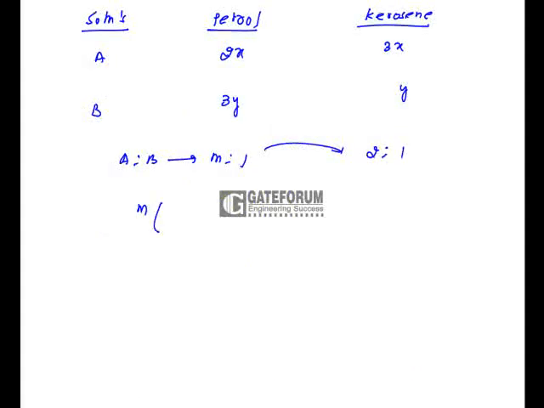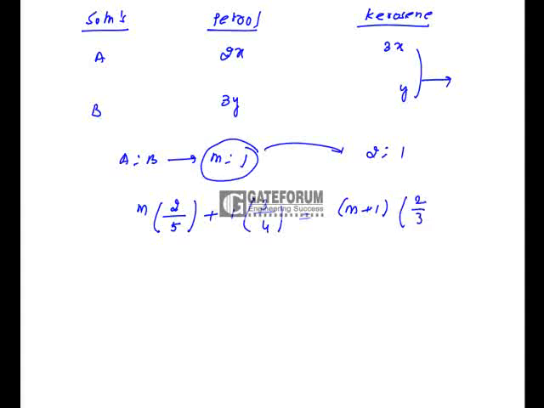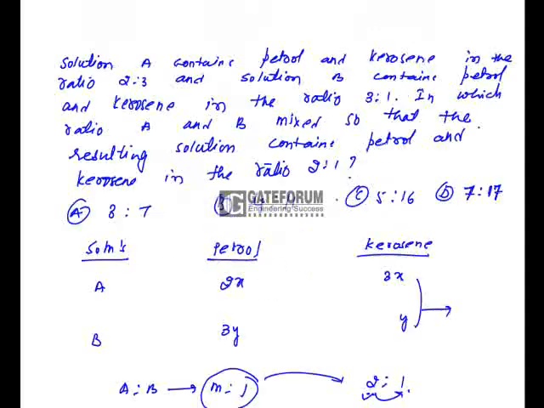So m parts of 2 parts out of total 5 parts of petrol is mixed plus 1 part of 3 parts out of total 4 parts of the second, such that you will get a total amount, that is (m plus 1) times 2/3, because the ratio is 2:1. So 2 parts out of total 3 parts is the ratio. From this, if we simplify, m is nothing but 5/16. So the required answer is option C.